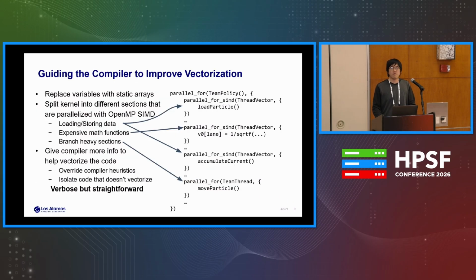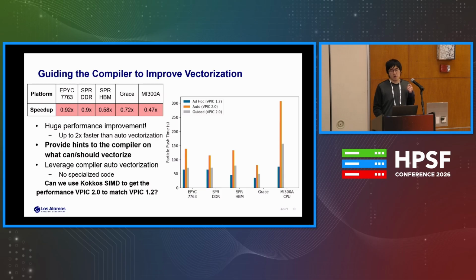So what happens if we just give a bit of guidance? In this case, we isolate things like data loading, storing, and expensive math functions that I know for a fact will not vectorize unless you turn on fast math, as well as certain parts of the code that we know just aren't vectorization friendly. And by doing so, we can actually get really good performance for the more traditional architectures.